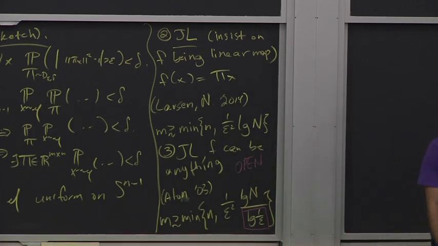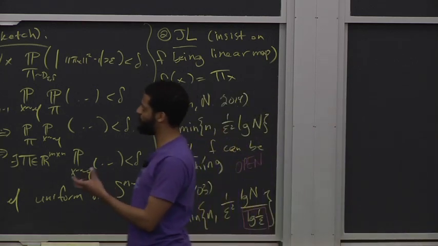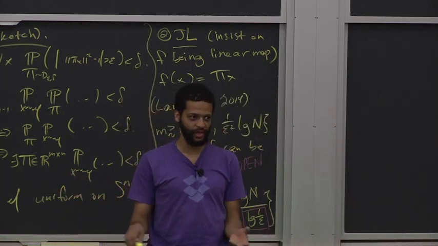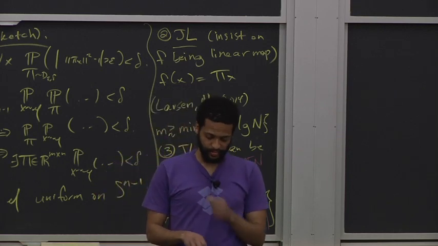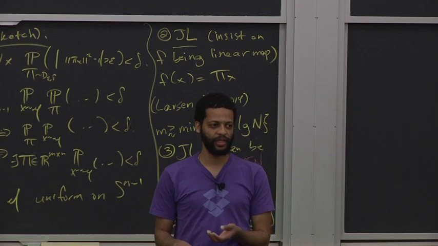Is what you said the only difference between DJL and JL? Like in JL you can actually look at the input, whereas in DJL you... Yes, that is the difference. In DJL, first of all, it isn't even about a collection of vectors. DJL is: I just want to come up with a distribution that works for any fixed vector with high probability.